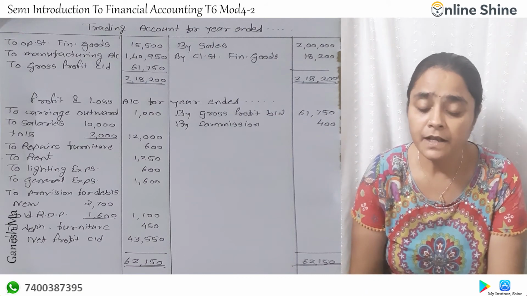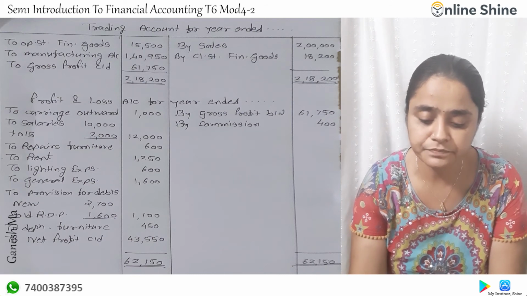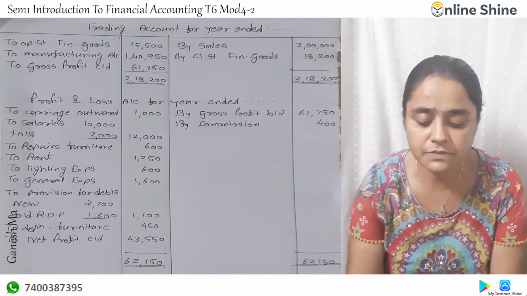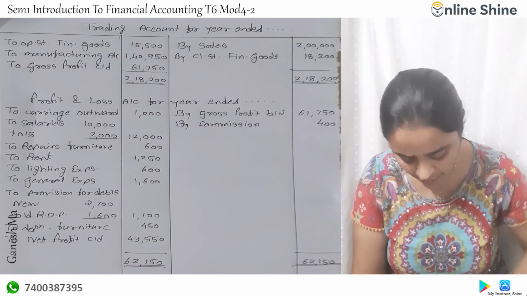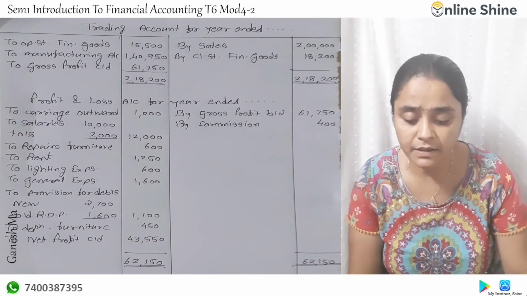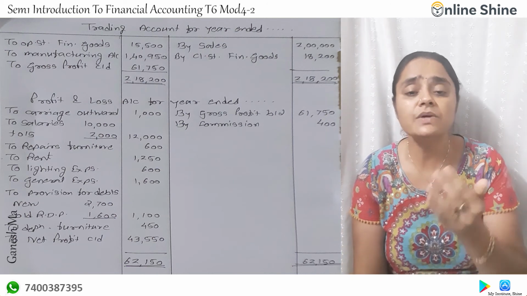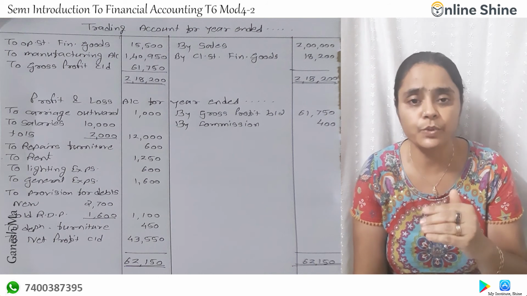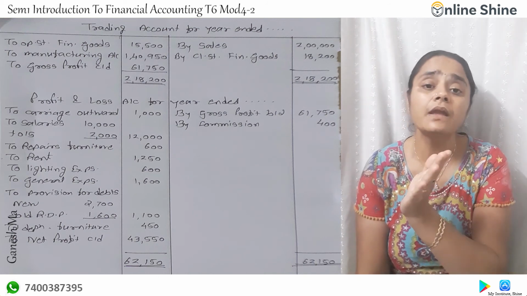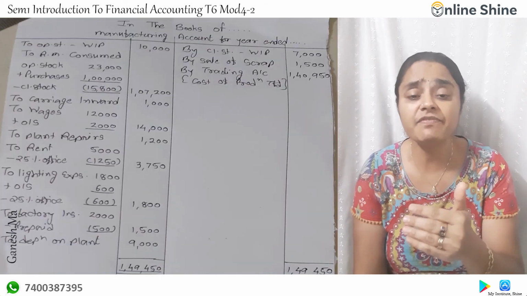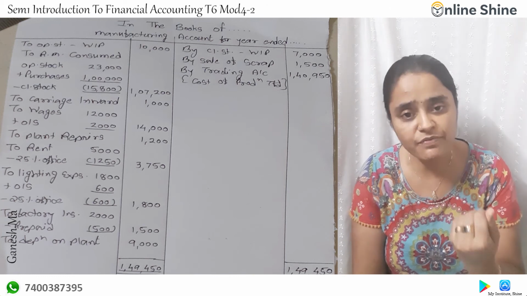The next item, the balance part, that you have to transfer over here, is the rent. What was the rent which was mentioned over here? Rent was 5000. Now 25% of 5000, that means the 1/4 portion, comes as 1250. That has been used for my office purposes. That means 75% has been used for my factory purposes, or you can say in my manufacturing account.